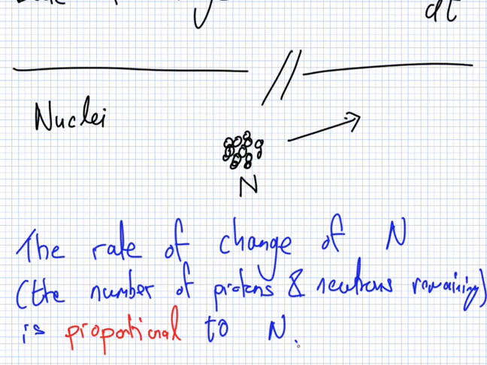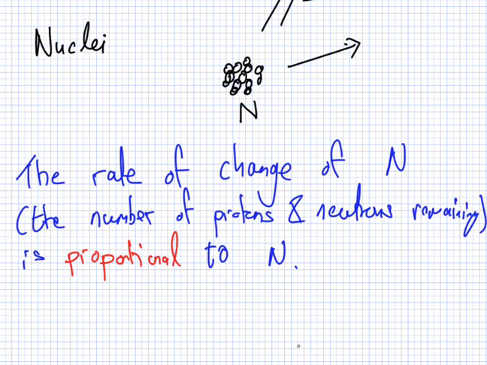So this is a very typical type of problem which you could get in the exam for this topic. So we have a law that says the rate of change of n, the number of protons and neutrons remaining, is proportional to n. So in other words, if we have a lot of n, then the rate of change is very big, and when the n is very small, the rate of change is very small.